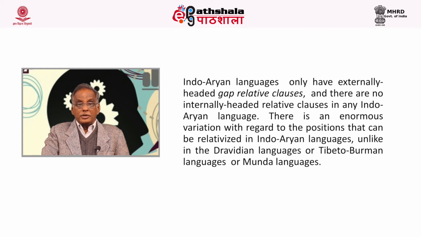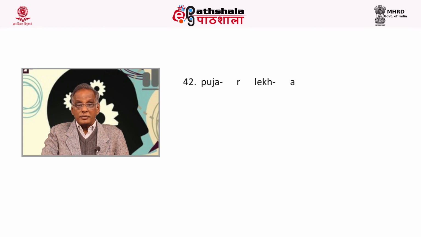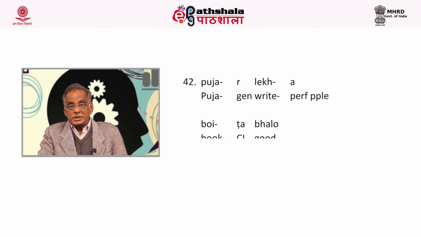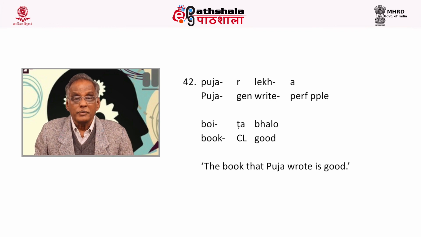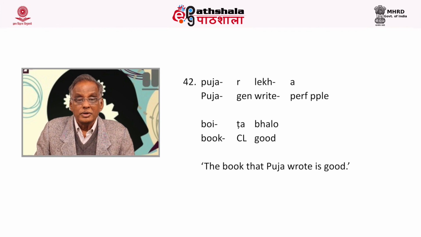You can also have participles modifying the head, as in sentence number 42 from Bengali, pujar lekha boita bhalo, the book which Puja wrote is good. What can be modified and what cannot be modified in a participle relative, you can see from the handout, from your text.